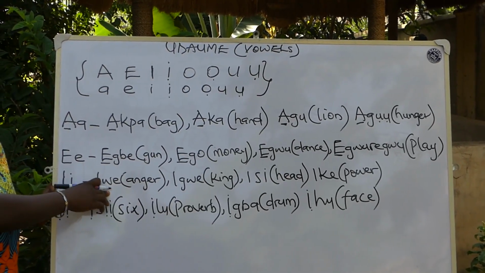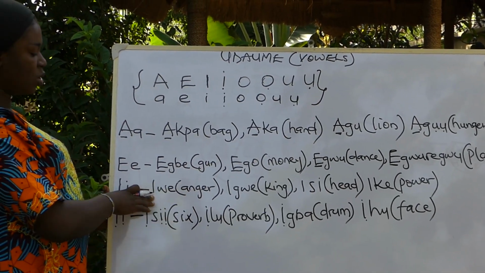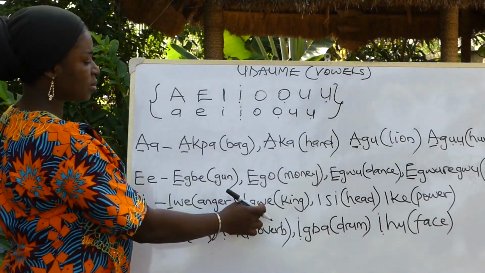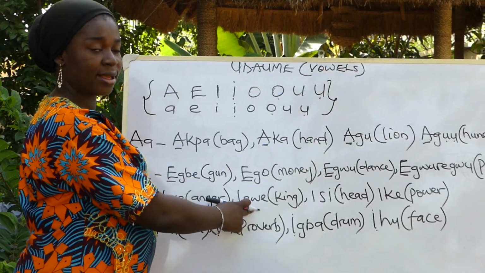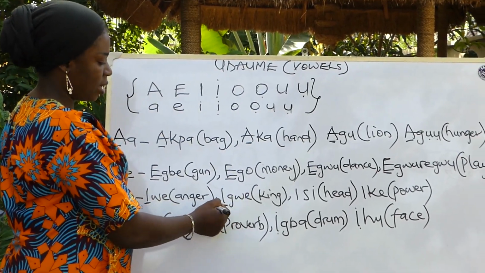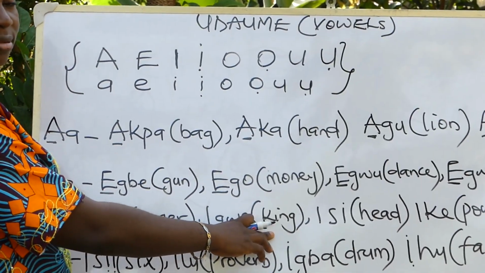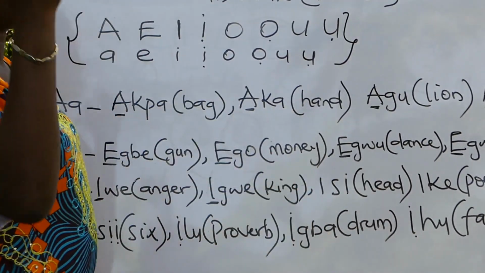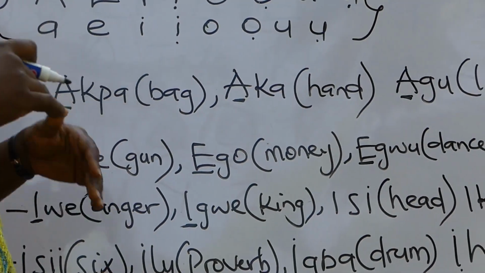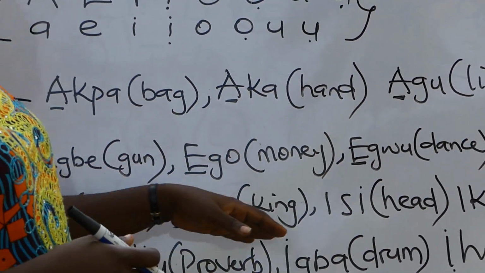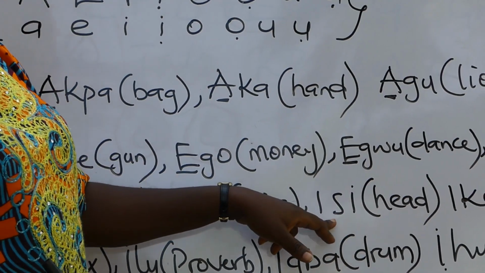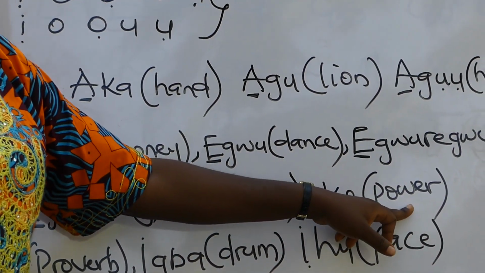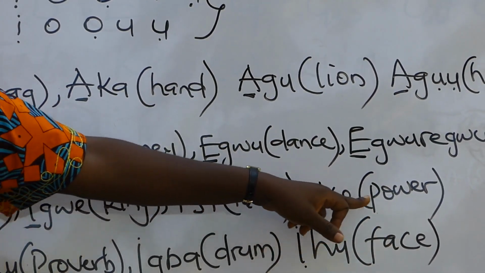Then we have I. Iwe, anger. Iwe, we call it in Igbo, Iwe, anger in English. Igwe, king. Isi, head. It can be a part of the body or a head in a sector. So we call it head, isi. Ike, power. Ike, power.